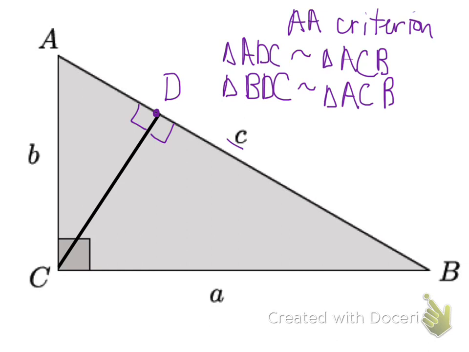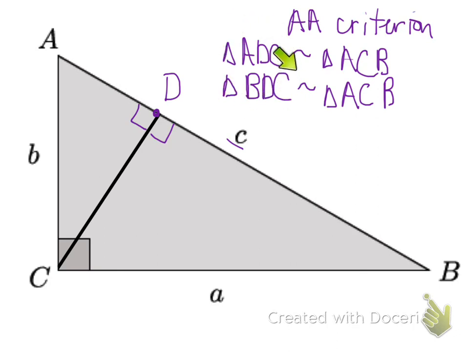Because BDC is similar to this big triangle, ACB or ABC, and ADC is similar to the big triangle, these two have to be similar to each other as well.